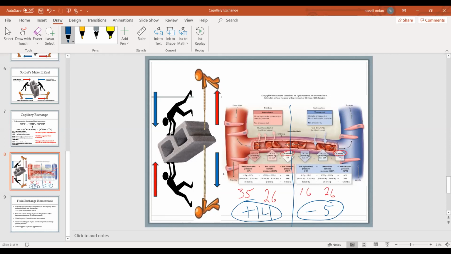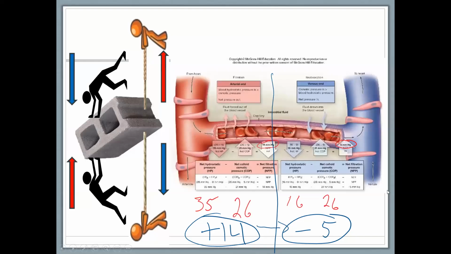And so this slowly decreases from positive 14 all the way to -5 as you move along the capillary. So what's interesting is that if we use these numbers 14 and 5, it means more fluid is filtered out at the arterial end than is actually returned at the venous end.